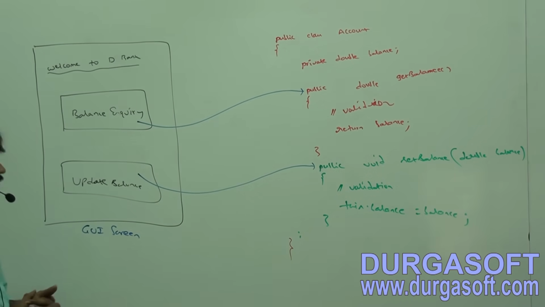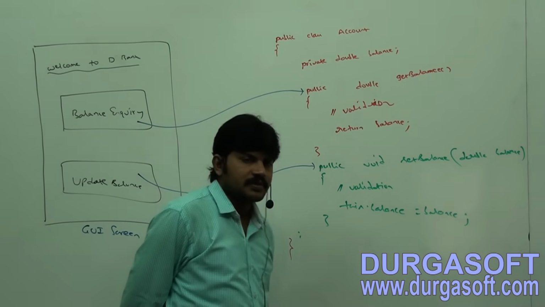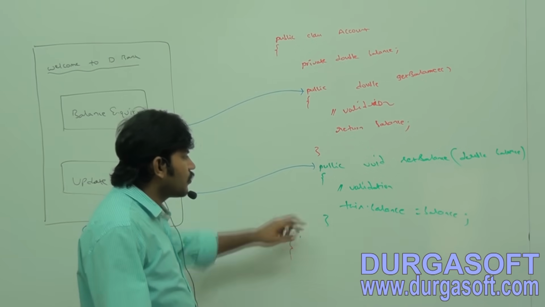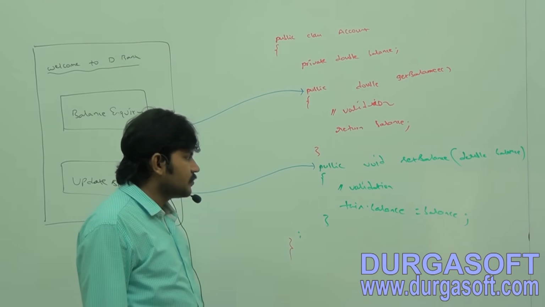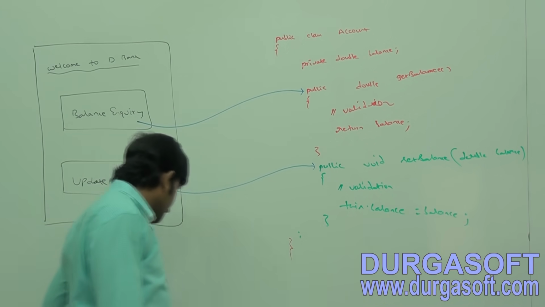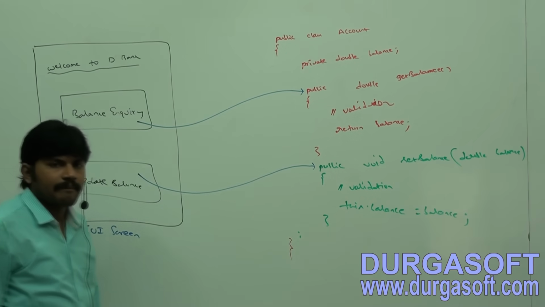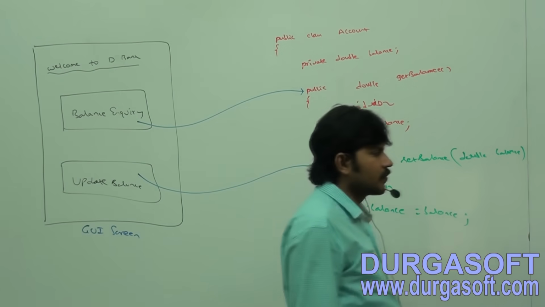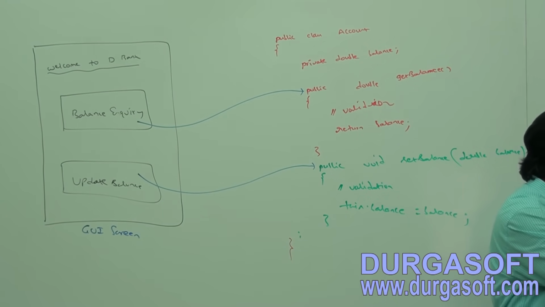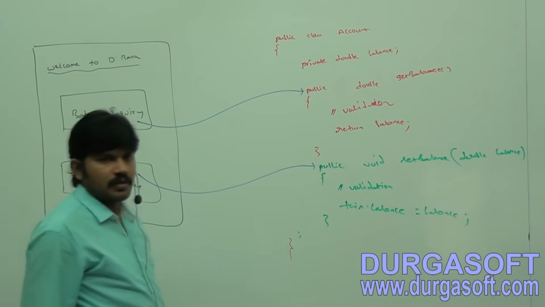Next, public void setBalance(double balance), where we take the validation code, and next this.balance = balance. Completed, right?